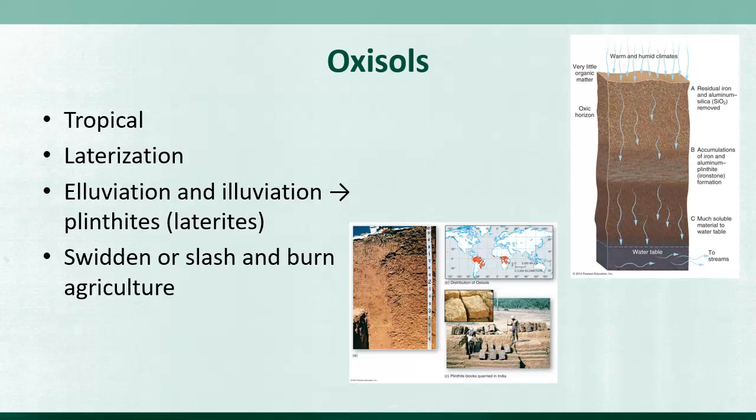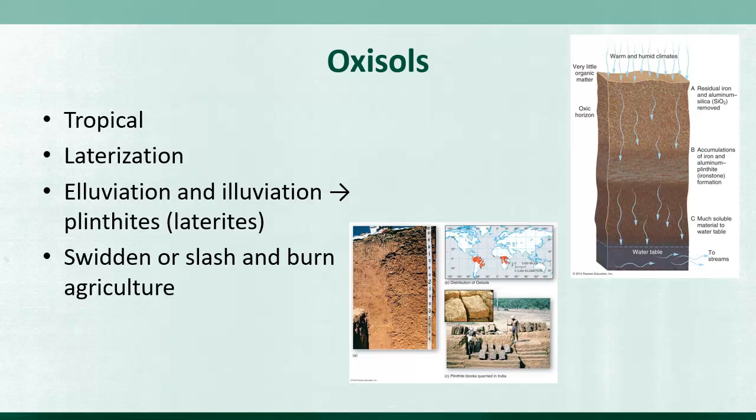In laterization, what happens essentially is conditions are very warm and very moist, so things that die decompose very quickly. And because there's so much moisture in these areas, that organic material gets washed away very quickly. One would think that tropical rainforests would have a lot of organic material, but actually they don't because of that laterization process.